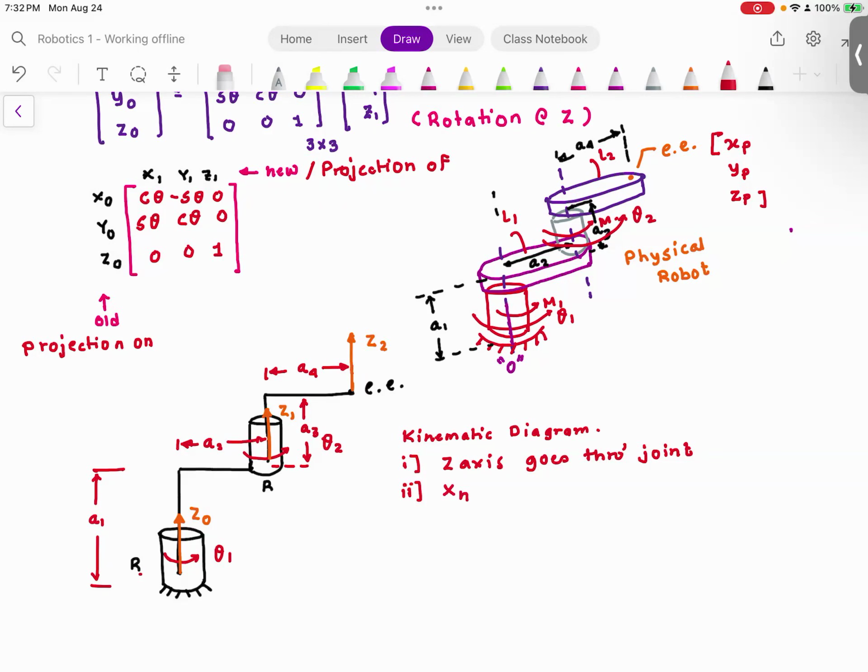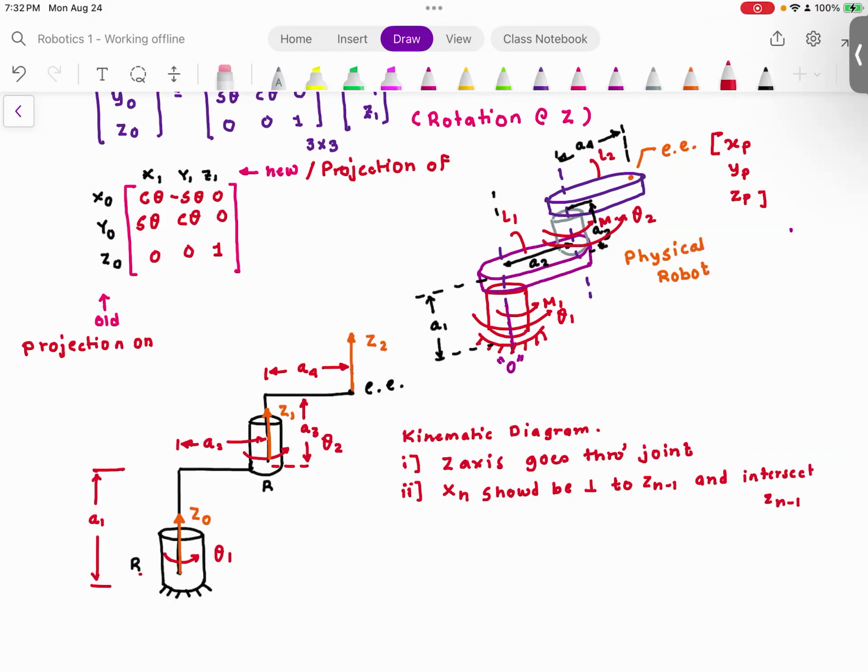Xn should be perpendicular to Zn minus 1 and intersect Zn minus 1. This is the most important rule.